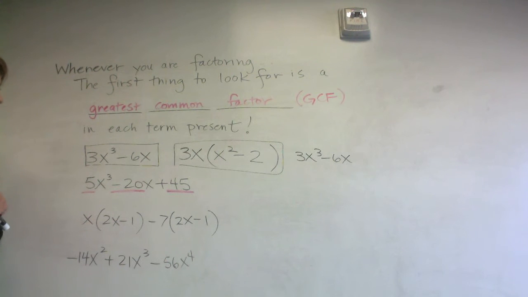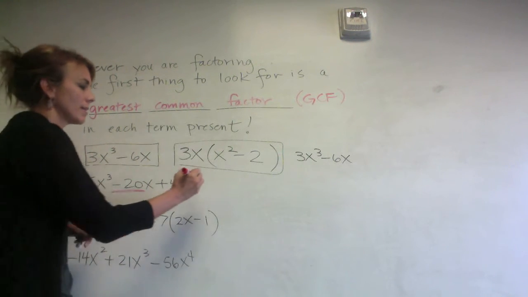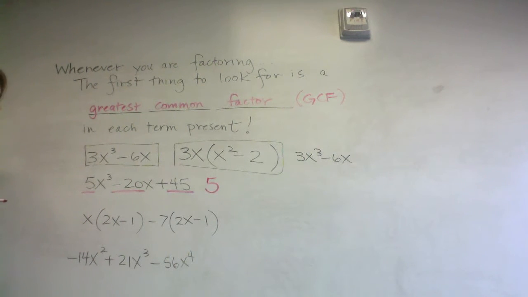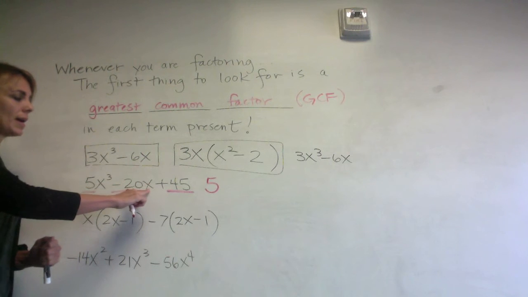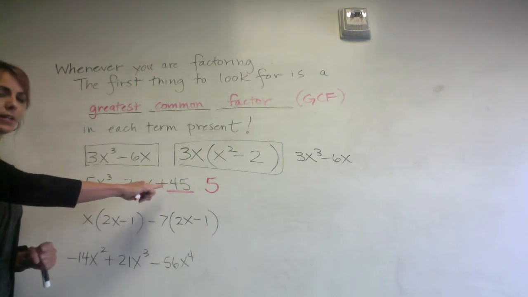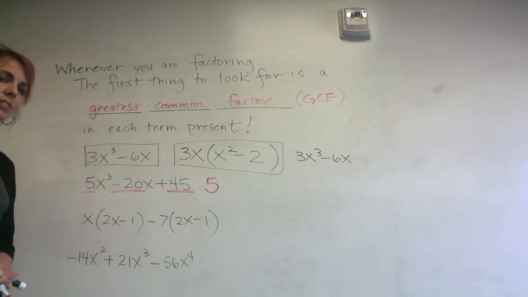I think that would be 5. So let's put that as part of our GCF that I'm going to divide out. Now let's look at the variable piece of each of the 3 terms and decide what's the highest degree I can divide out of all 3 terms. x cubed, x, and there's no variable term over here. So there's no variable piece to that GCF.